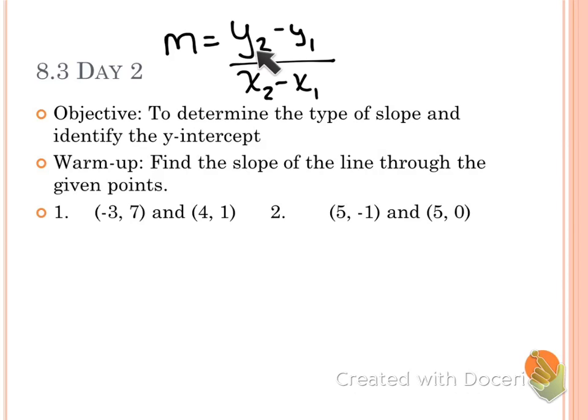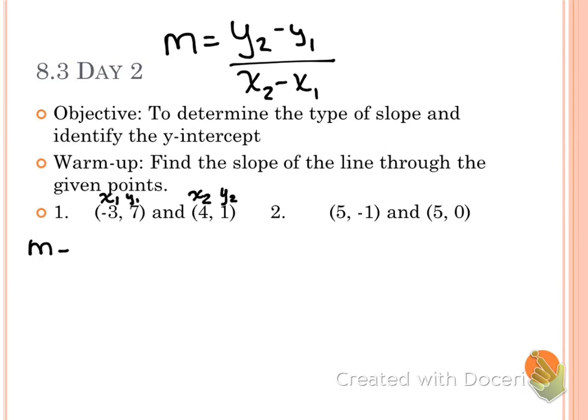So if you prefer to have your first point in the first position, that's fine. So we label our points x1, y1, x2, y2, and we start plugging into our slope formula up here.